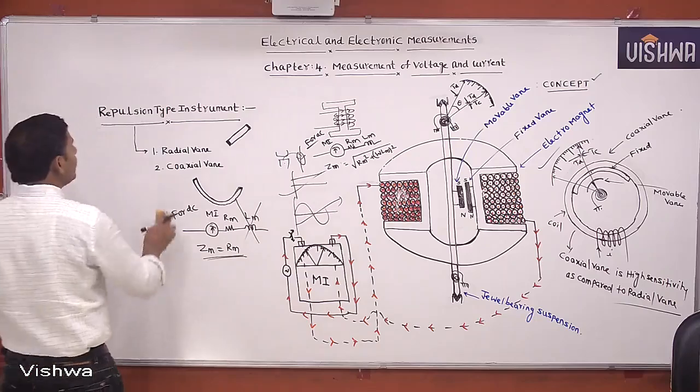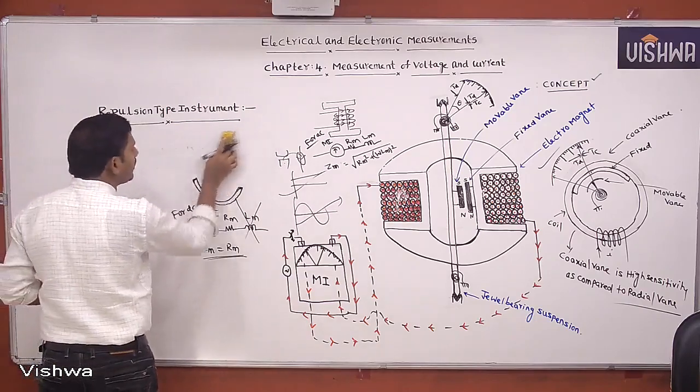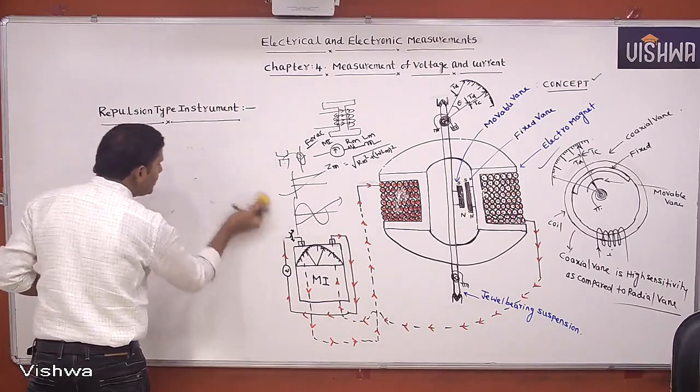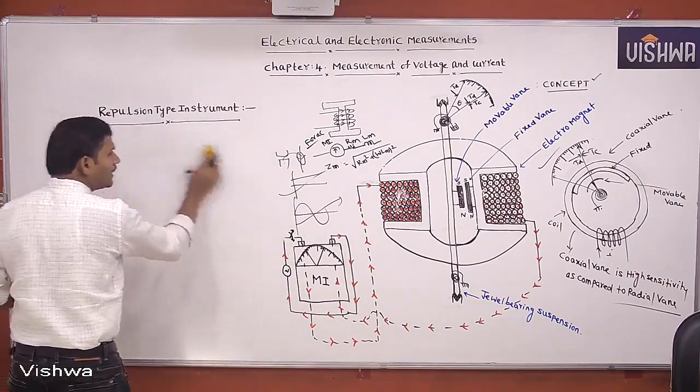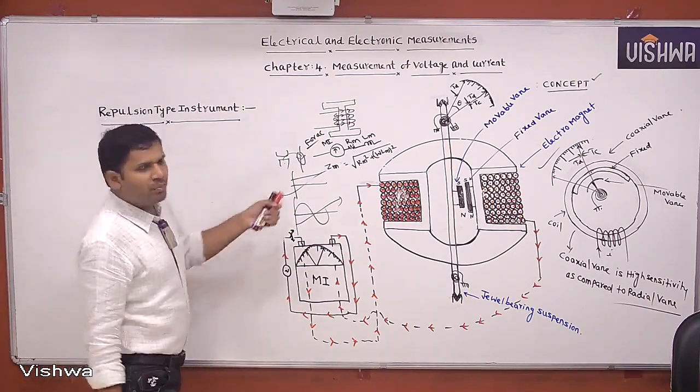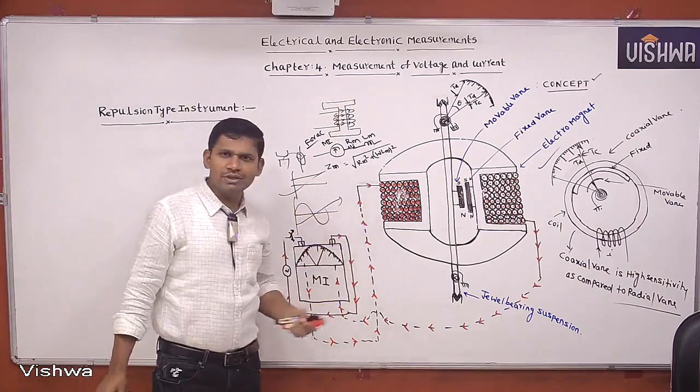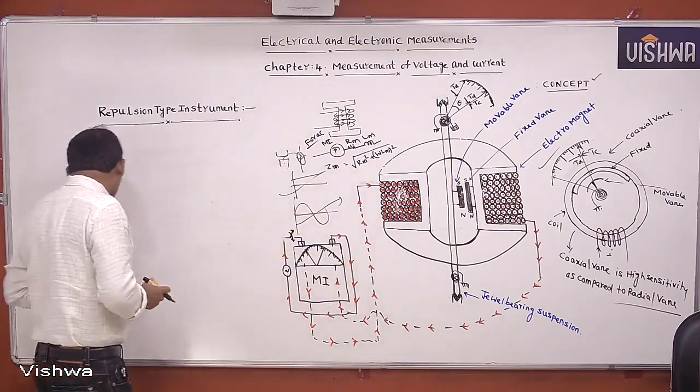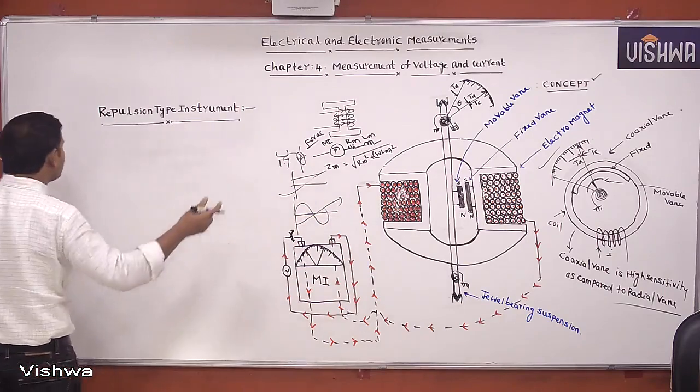Okay. This is about the operation of the repulsion type instrument. Whatever points I listed in the case of the attraction type instrument, the same points are applicable, only the operation is different. Now I want to give the differences between attraction and repulsion type instrument.